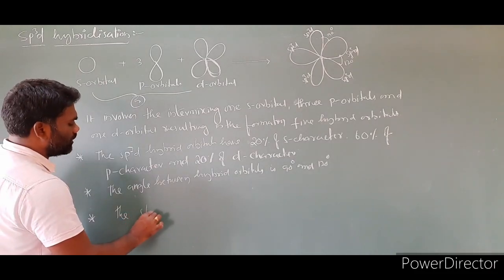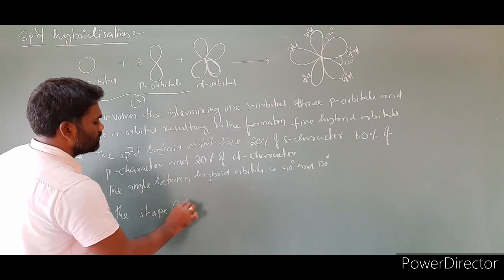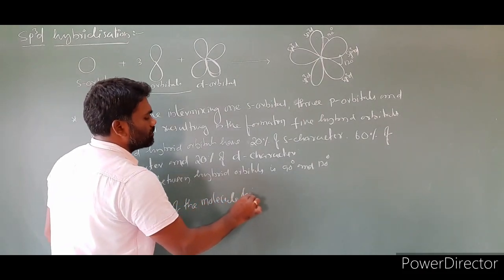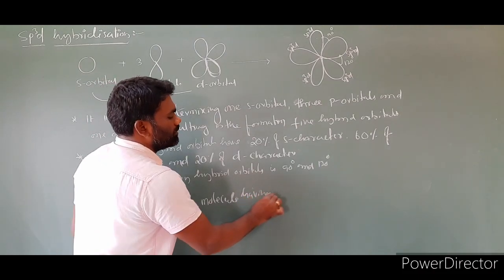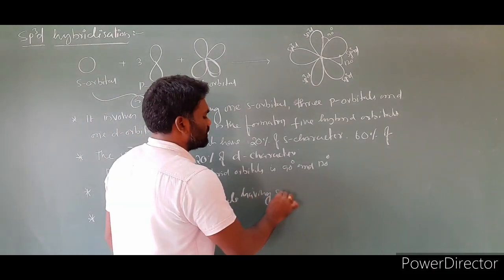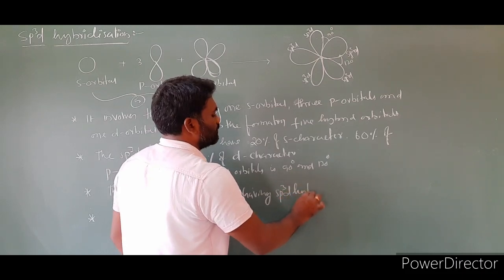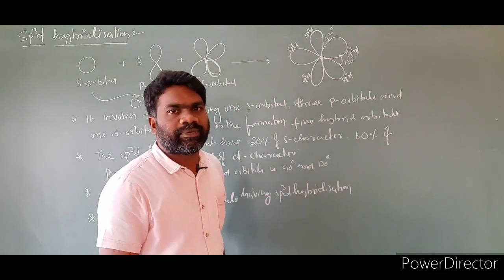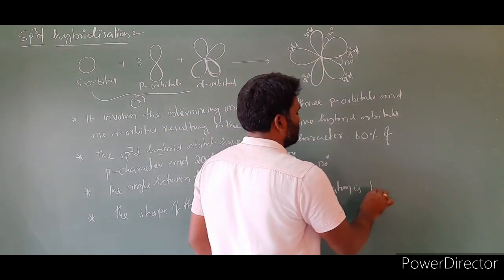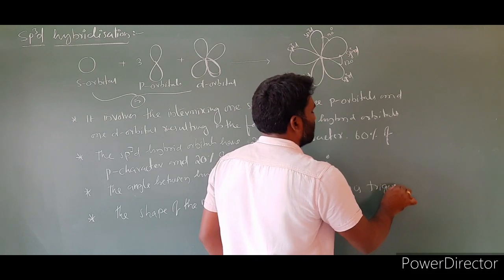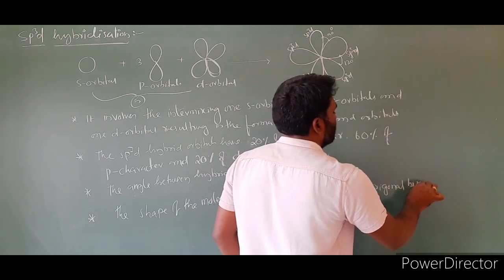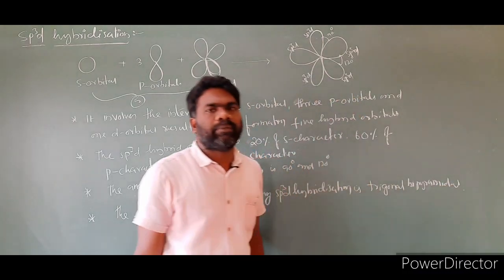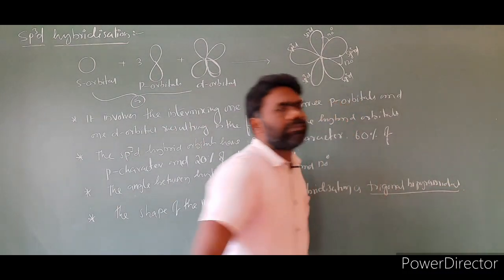The shape of the molecule having sp3d hybridization is trigonal bipyramidal. You will understand this by taking an example also.